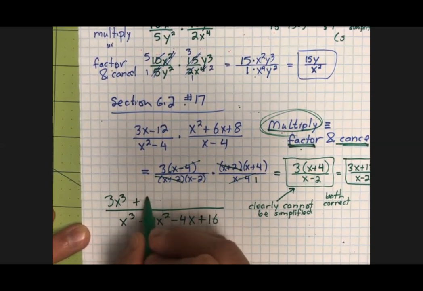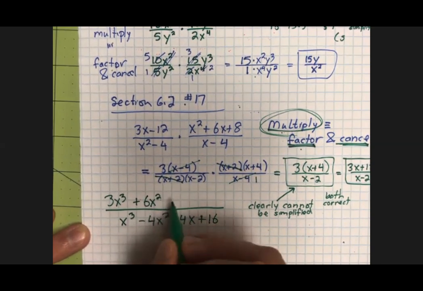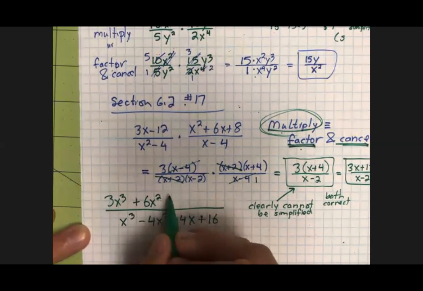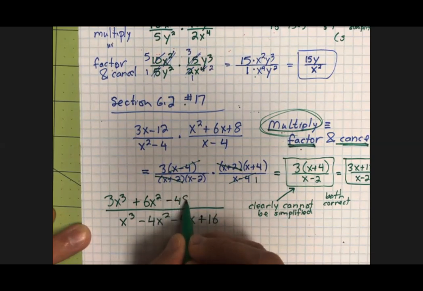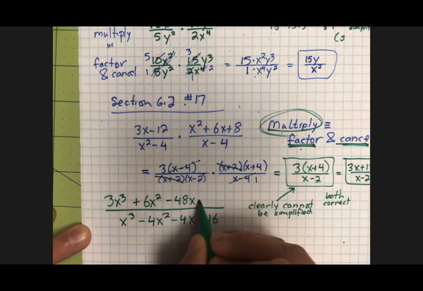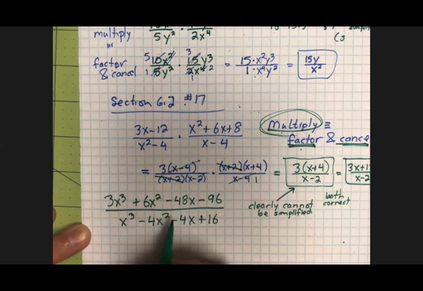Oh, guys, I don't even know if I can do this. What's 72 minus 24? I think if I multiplied out the top, that's what I would get.